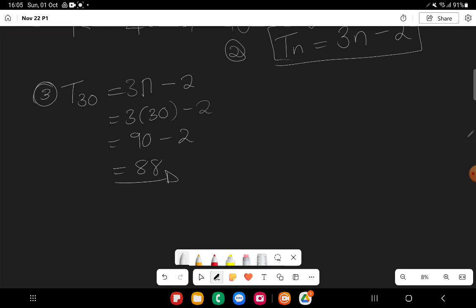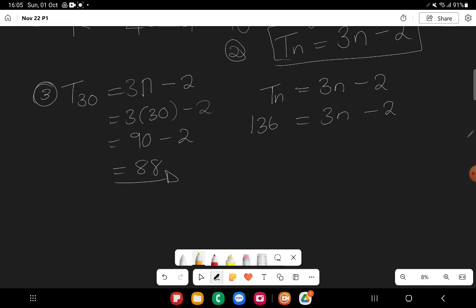Question number 4, which figure will have 136 dots? Term n is equal to 3n minus 2. We're solving for n, right? So we're going to say 136 is equal to 3n minus 2.